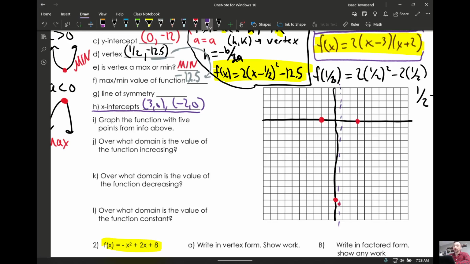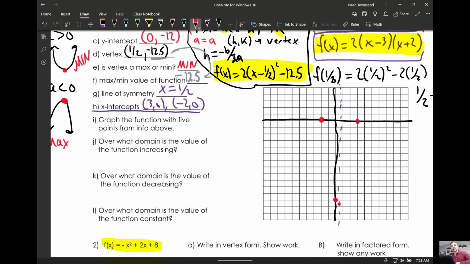That line should always be a vertical line, so x equals a number, and it's going to always equal the x value of the vertex. For it to split your parabola exactly in half, it has to go through the vertex. So if the vertex has an x value of a half, we need this to be x equals 1/2. And I usually draw this in as a faint dash line so I can see that.